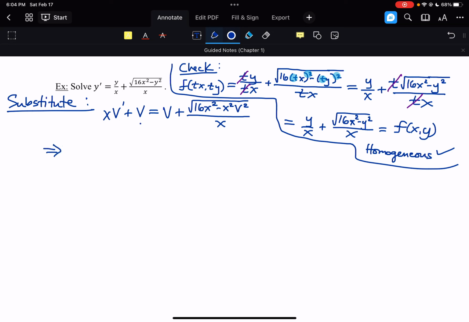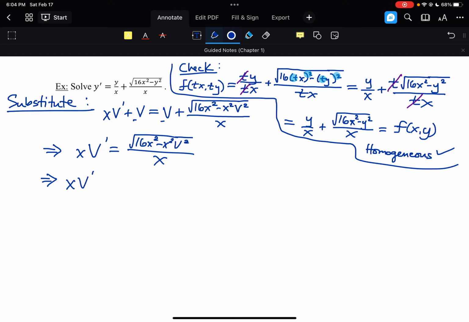From here, we can go ahead and subtract off the v from both sides. So we're going to have xv prime equals square root over x. Notice also there is a common factor here of x squared in both of those. Factor it, and then take it out of the square root.